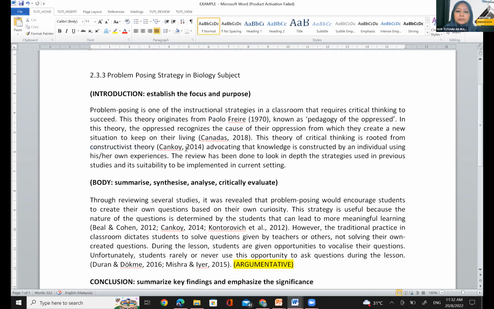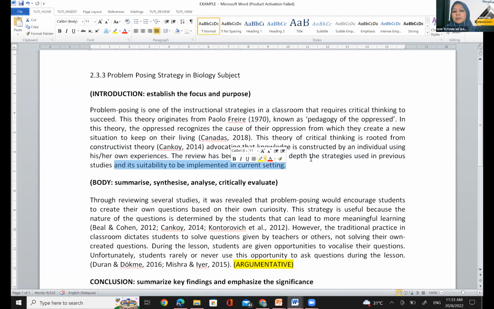Okay, now advocating that knowledge is constructed by an individual using his or her own experience. The review has been done. Nampak maksudnya kita nak masuk dah kepada kita punya body. The review has been done to look in depth the strategies used. So this is the focus of our LR later on in the body punya paragraph, in previous studies and its suitability to be implemented in current setting.